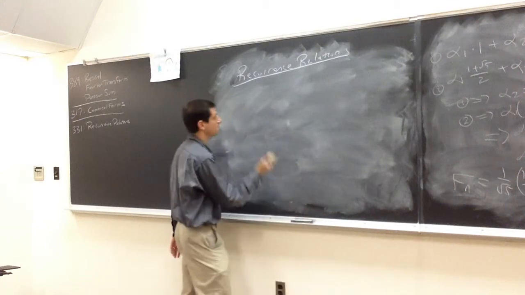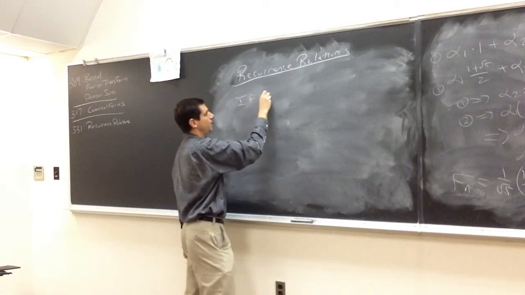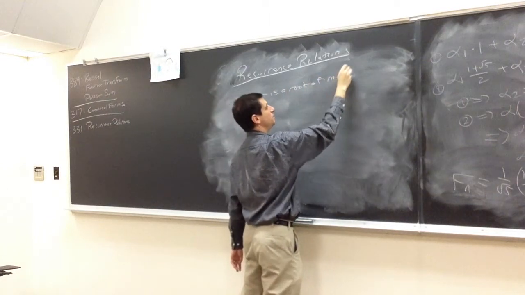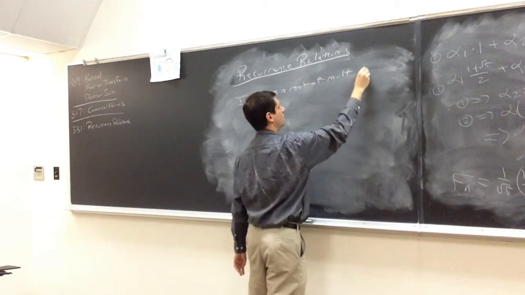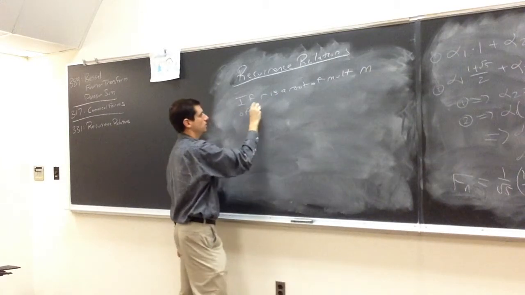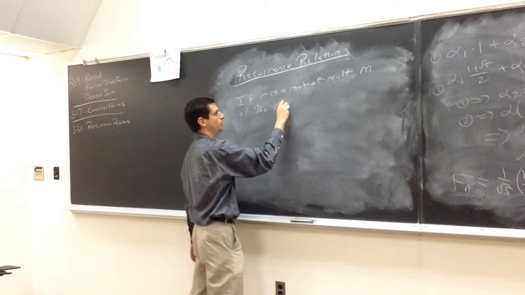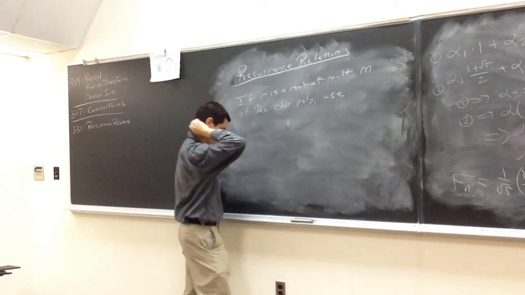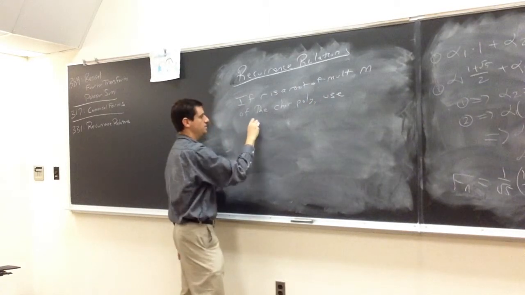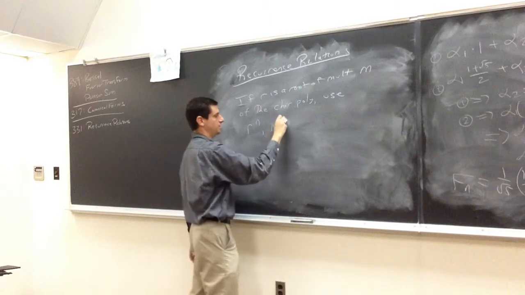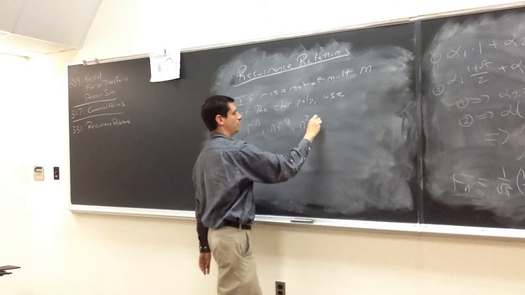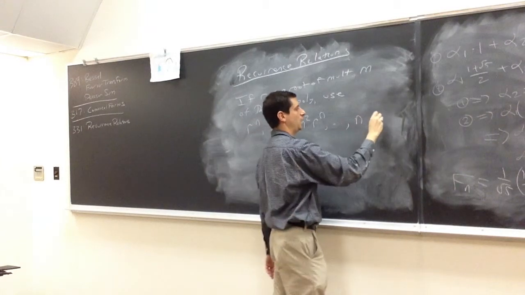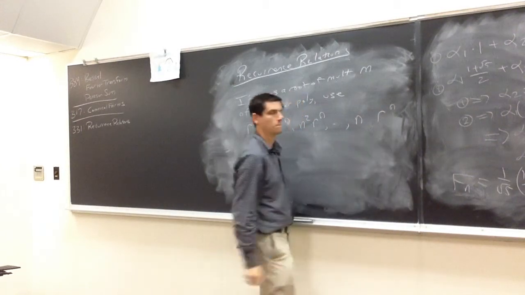So if r is a root of multiplicity m of the characteristic polynomial, use r to the n, n times r to the n, n squared times r to the n, and how high, what power of n do you think I go up to?